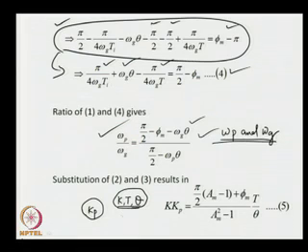Thus, those are known to us, and a m and phi m are the gain and phase margins defined by the user. Thus, a m and phi m are also known a priori. This expression helps us to estimate the proportional gain k p.